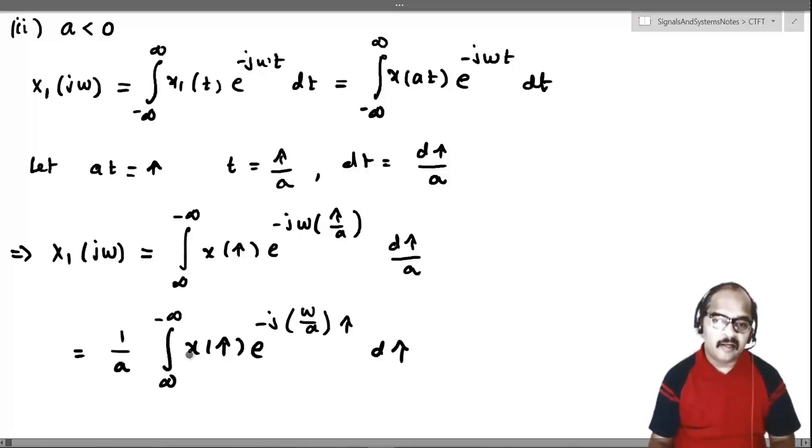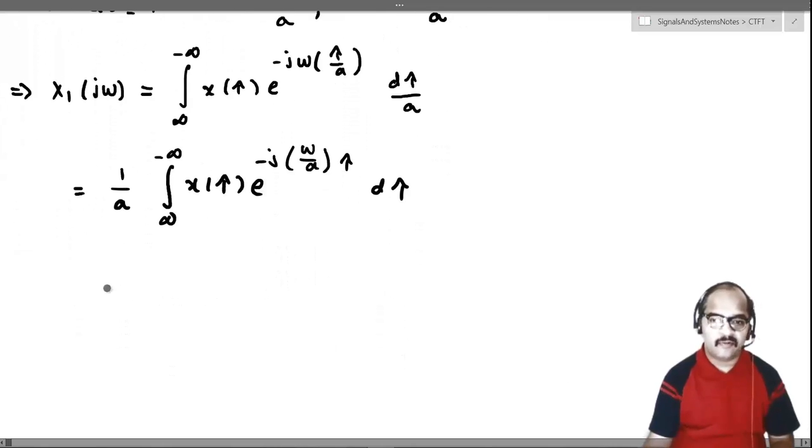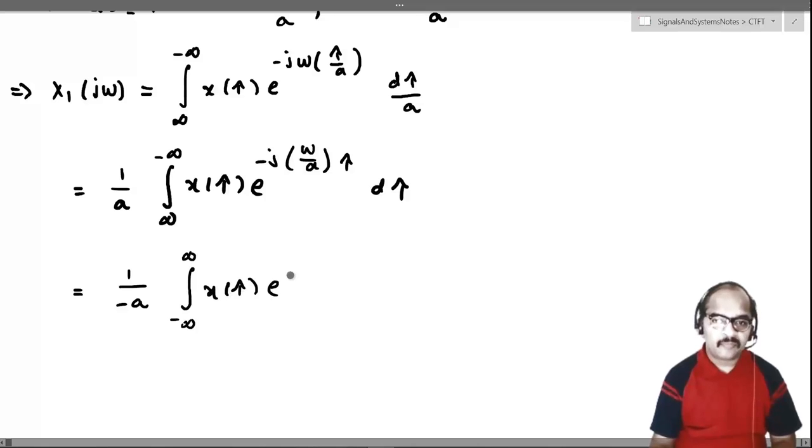But the integral limits are from infinity to minus infinity, so we will do the change of limit. We can write it as 1 by minus a integral minus infinity to infinity x of tau e power minus j omega by a tau d tau.